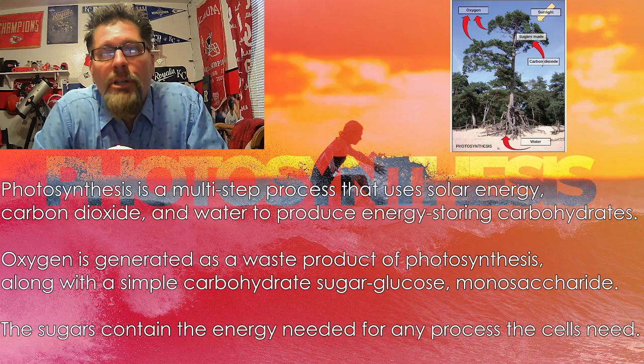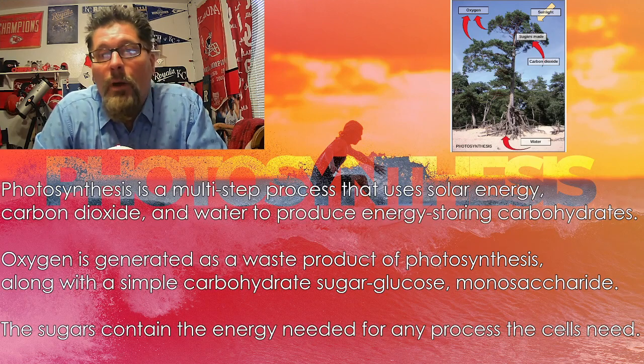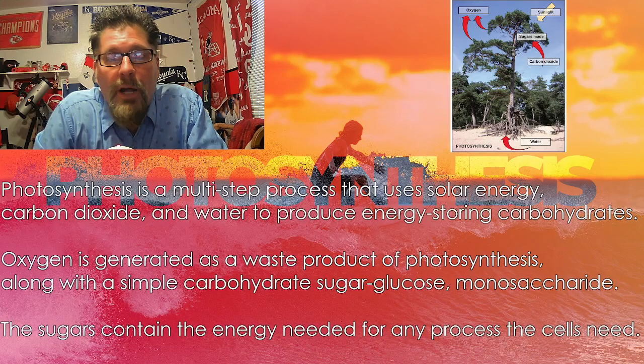Now what you're going to see in the rest of the videos is that photosynthesis has a lot of steps, a lot of processes, a lot of things in play, but we are going to break those all down. We're going to look at the light dependent reactions, the LDR, the light independent reactions, the Calvin cycle.